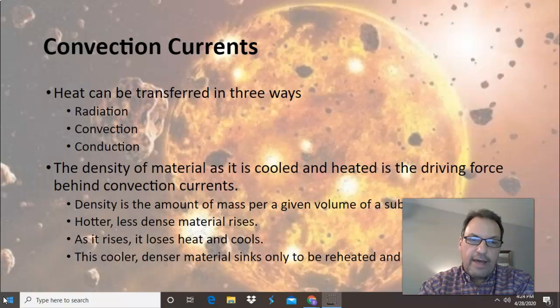And with that happening, it creates a cycle. So as things are warmed up, they begin to rise, they cool off, they begin to sink. And so that creates a type of little circle and a flow that we use to determine why plates move. And that's called plate tectonics.